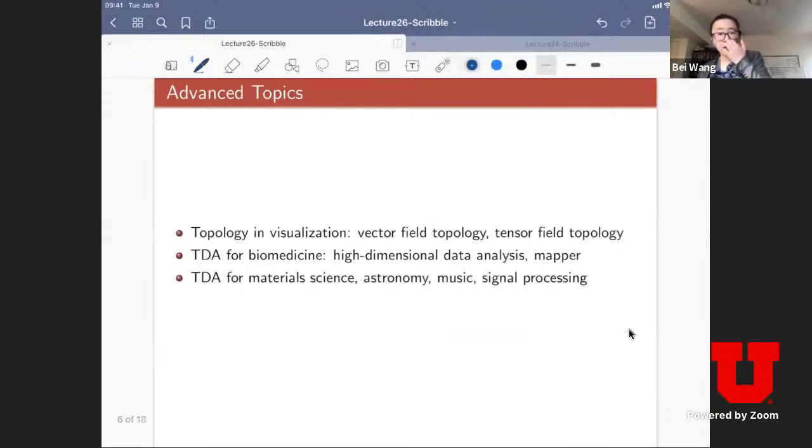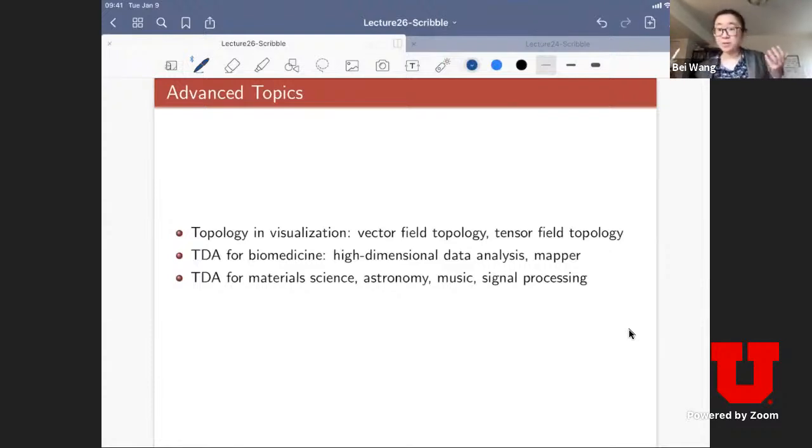And also the area I mentioned already, material science. I think another area is visualization, which is actually a large area where a lot of topology is used. I didn't spend too much time on visualization per se, but all the topological structures such as the Mapper graph, contour tree, Morse-Smale complexes, all those topological structures you've seen in this semester's lectures, are widely used in the branch called scientific visualization.